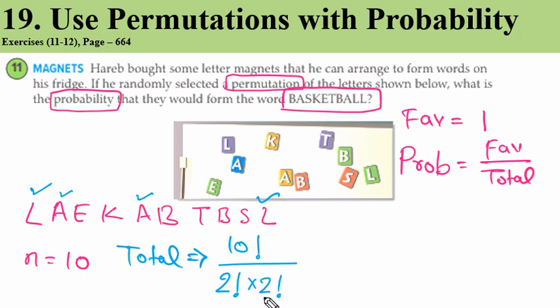E, is there any other E? No. K, any other K? No. B appears 2 times, so multiply by 2 factorial. T and S are not repeated. That's how you will have to find it.